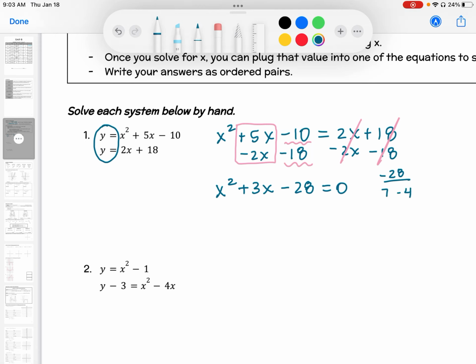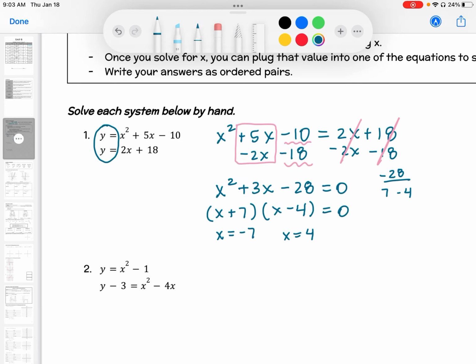So I'm going to use the shortcut and just do x plus 7, x minus 4 equals 0. All right, so now from there, let's solve for x. For this one, x equals negative 7 and x equals positive 4. So remember, it switches the sign.